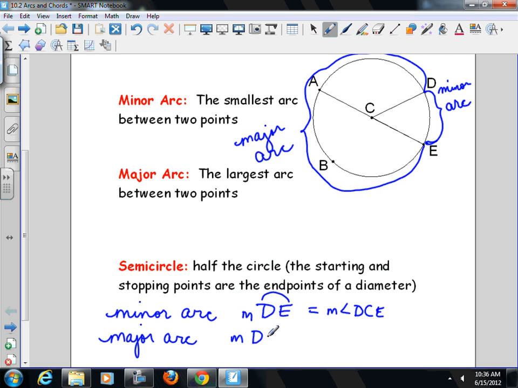You can say A if you want, you could say B. So the measure of major arc DAE would be equal to 360 degrees minus the measure of that central angle DCE. And that makes sense. You're taking out this one section of the minor arc to find the measure of the major arc. And of course, the number of degrees in a circle is 360 degrees.